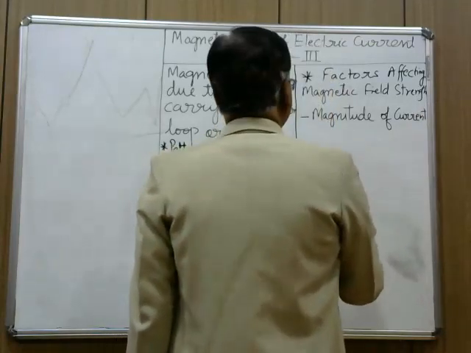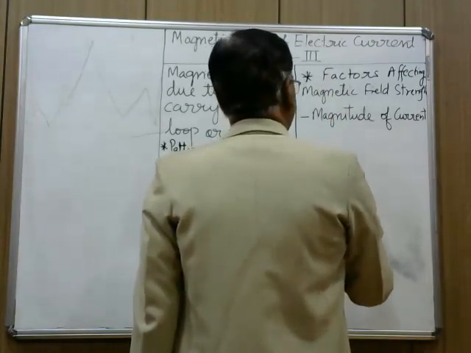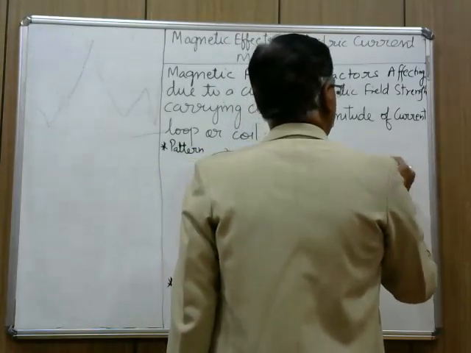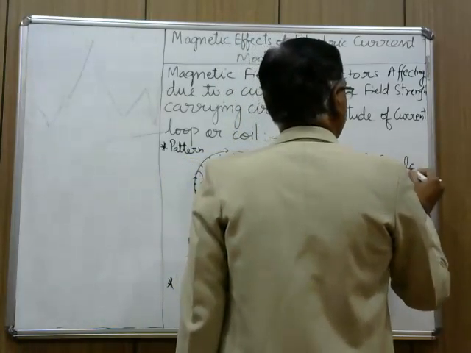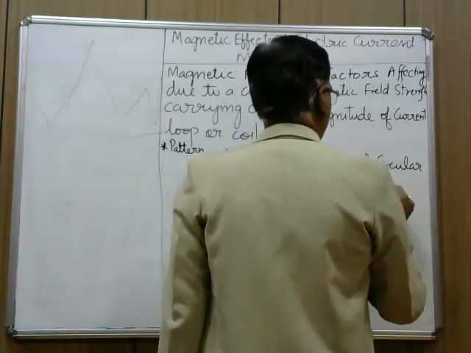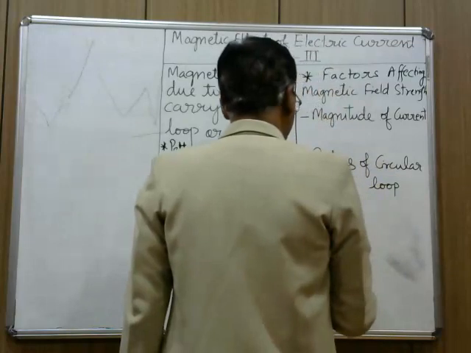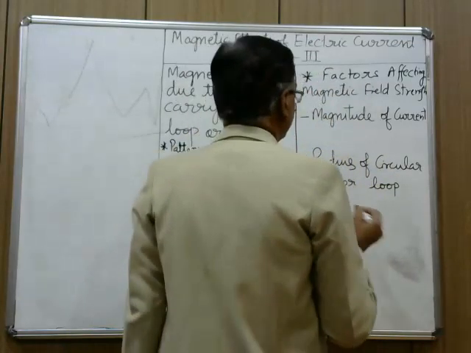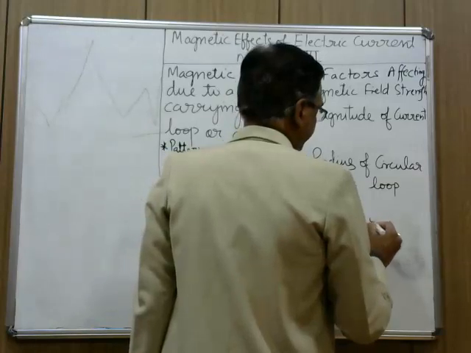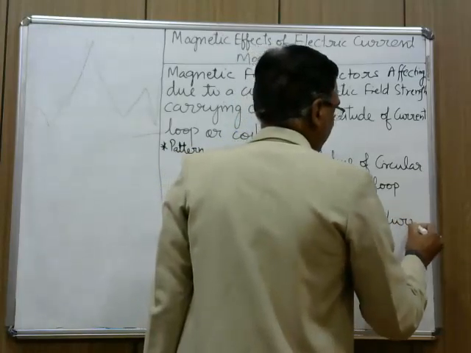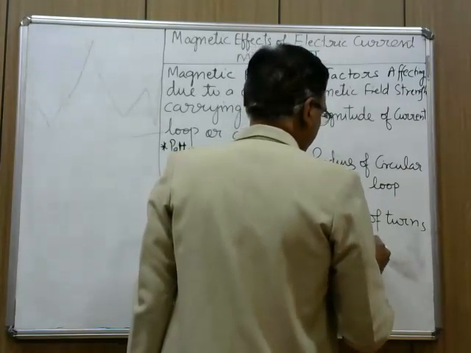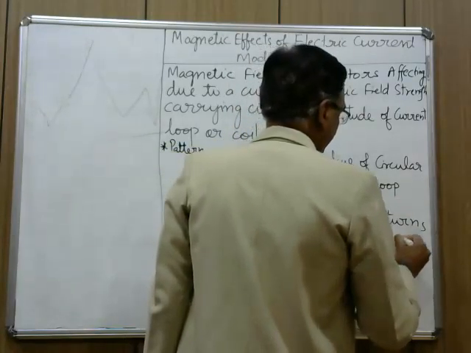Second factor is radius of circular coil or loop. And third factor is number of turns of circular coil.